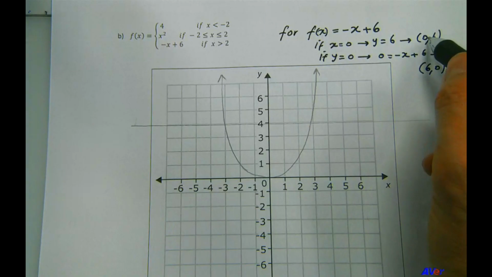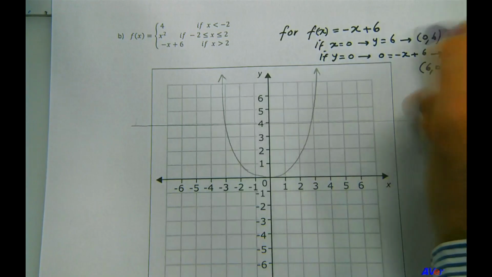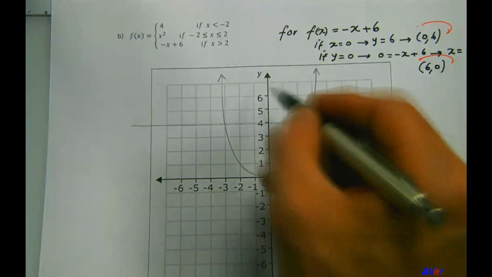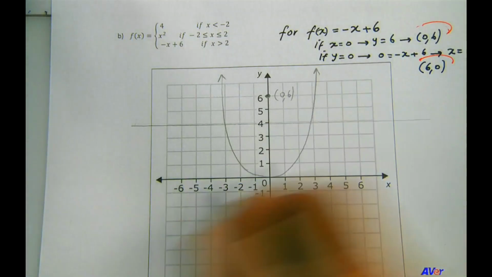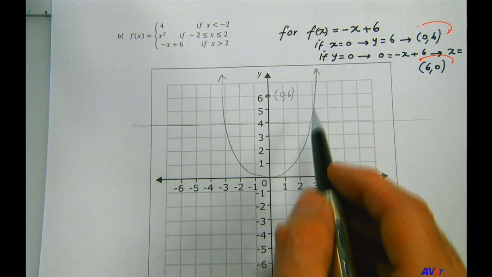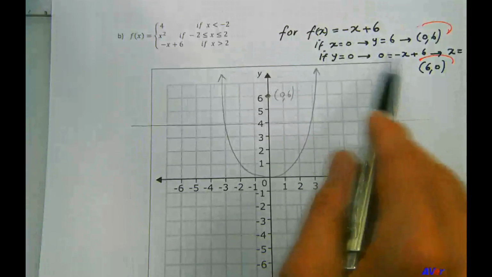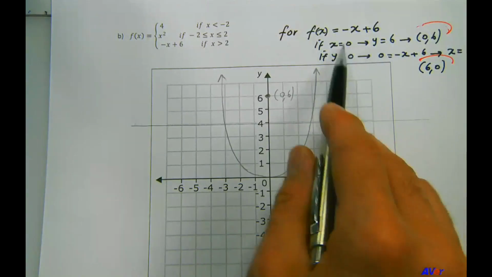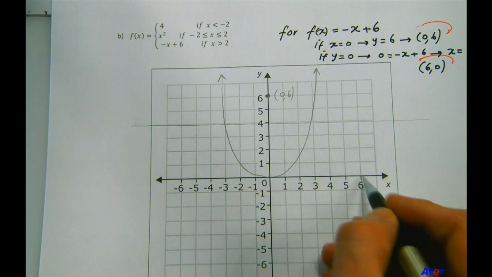So let's plot these 2 points. Let's plot 0 comma 6 and 6 comma 0, and very lightly, right, with a pencil. So 0 comma 6 would be here. And 6 comma 0, let's see. That is correct. y equals 6, so like that.